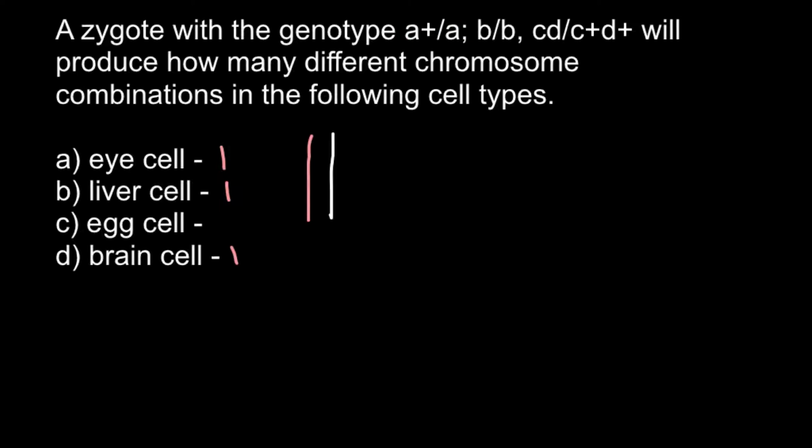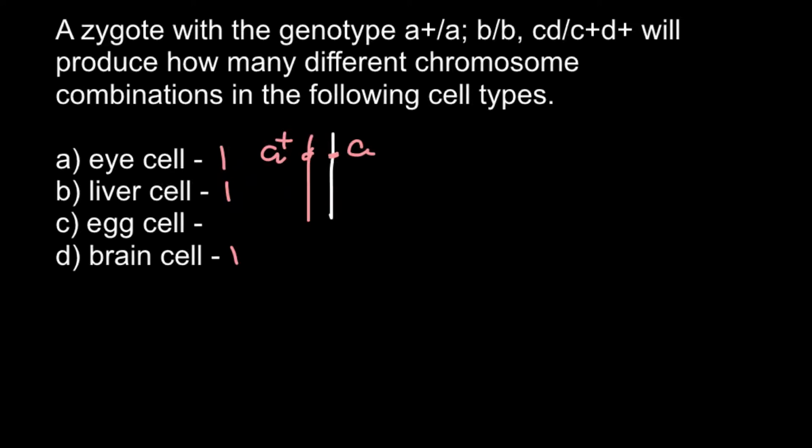So say here is position or locus of the gene A would have two different alleles. On one chromosome we may have allele A plus. On the other chromosome that is inherited from the father side, we may have different allele, allele A. This is still going to be the same gene, but slightly different versions of the same gene.